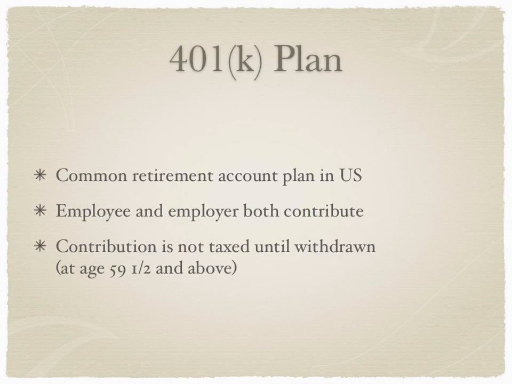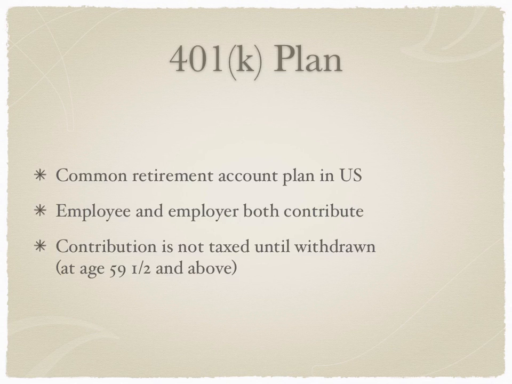Now, as for retirement plans, one of the more common ones in the United States is what's called a 401k plan. And this is a plan in which the employee and the employer are both contributing, and the employer will match what the employee contributes up to a certain amount.